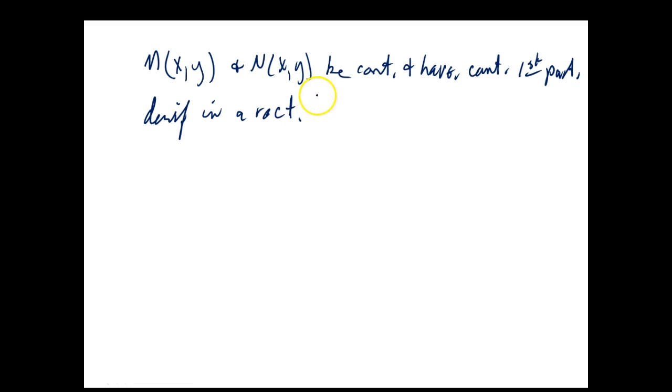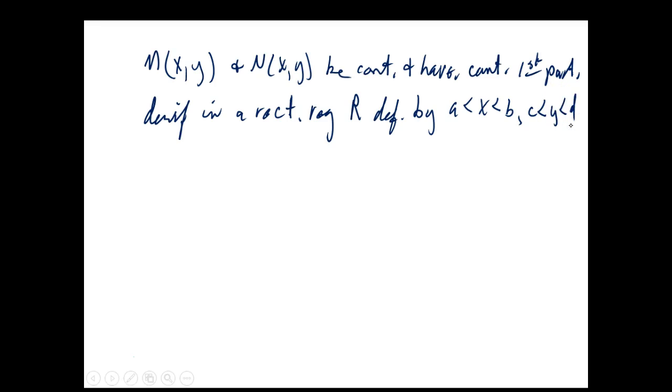And that rectangular region R is defined by a less than x less than b, c less than y less than d. You could put equal signs in there, but you don't need to.